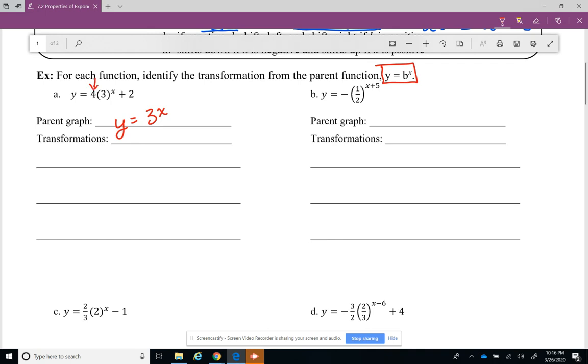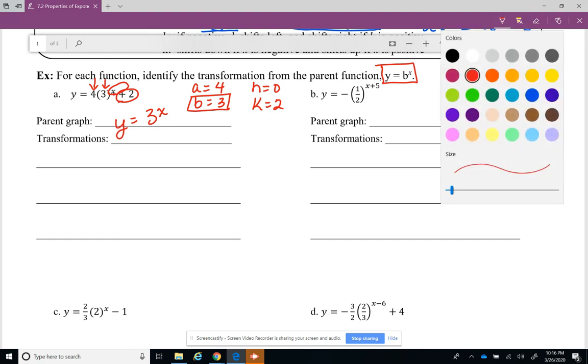The 4 is a. The 3 is b, which we've already used. We don't have an h, so h has to be 0. The 2 is our k.